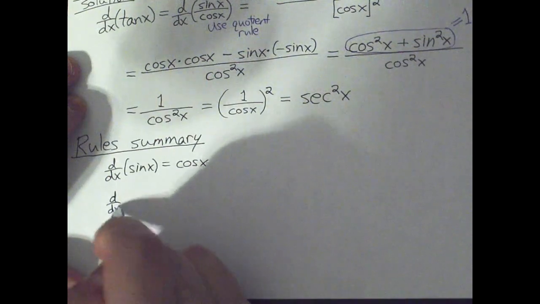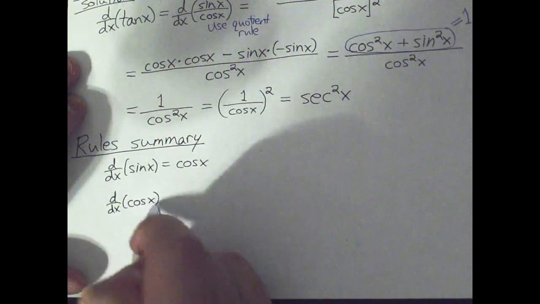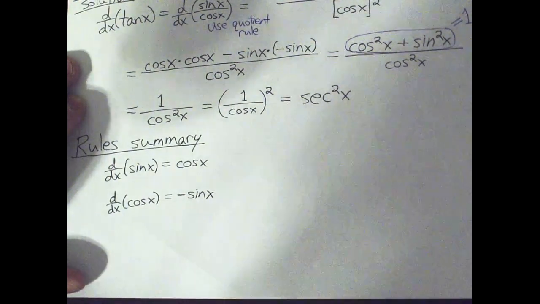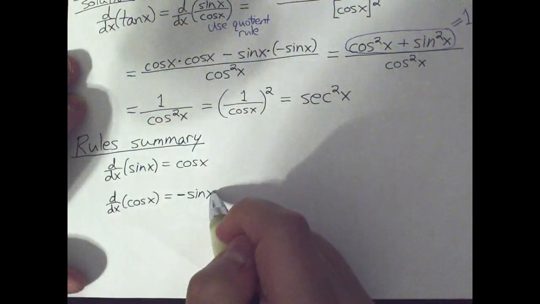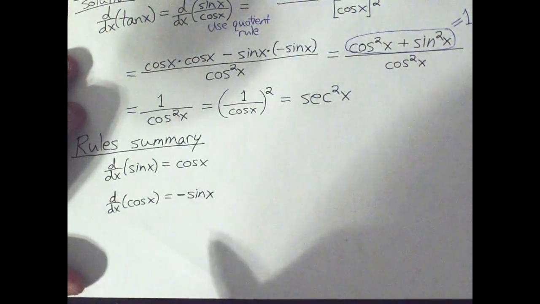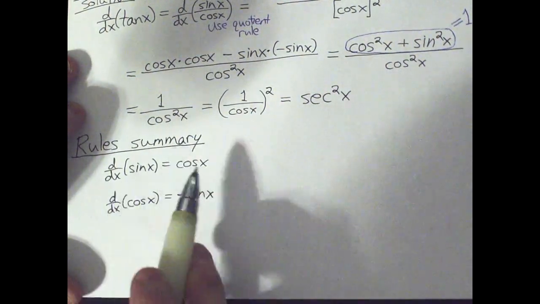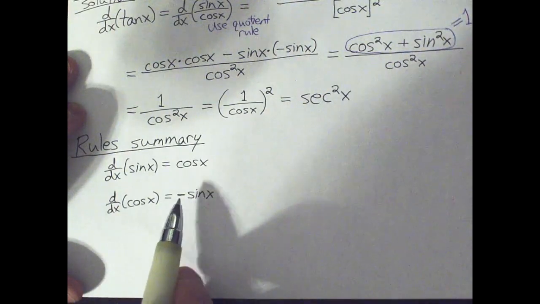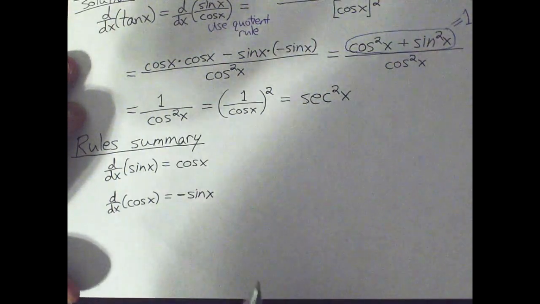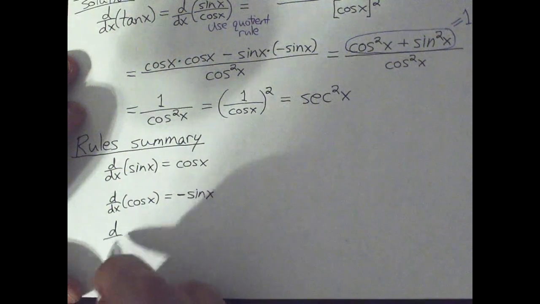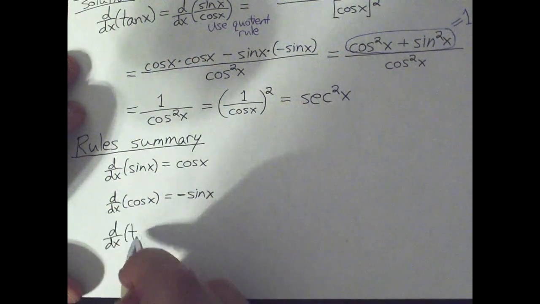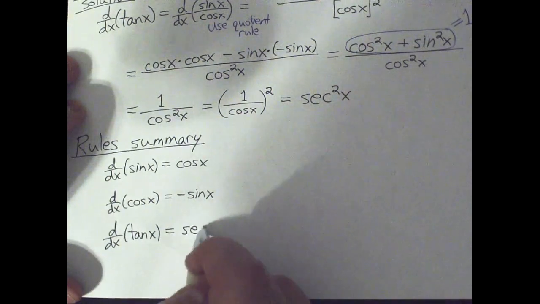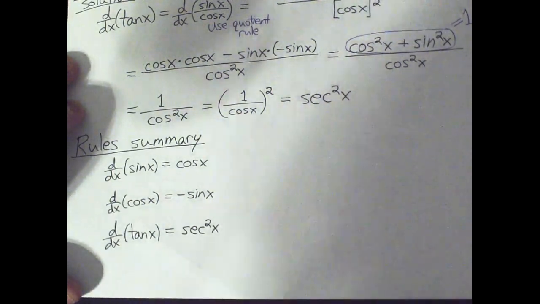Derivative of cosine x, we said that that was negative sine x. You have to remember the negative goes there. You have to remember which one gets the negative, because it looks like sine and cosine are derivatives of each other, but you have to remember the negative. And we just established this rule through that problem, that the derivative of tangent is secant squared x.